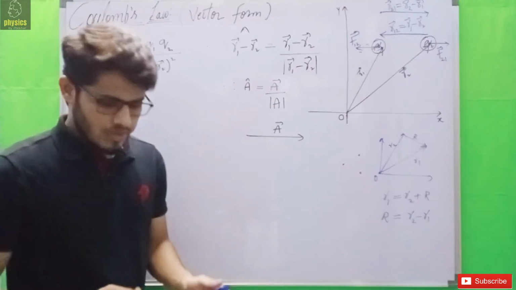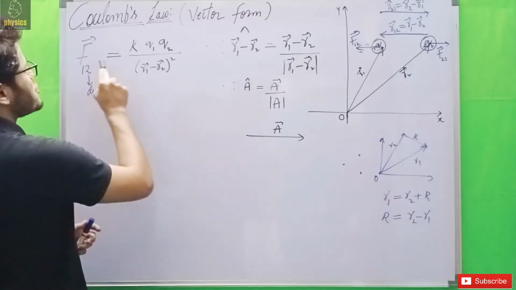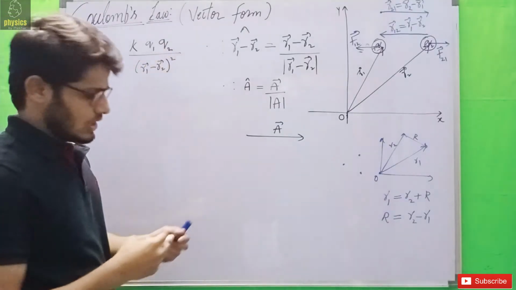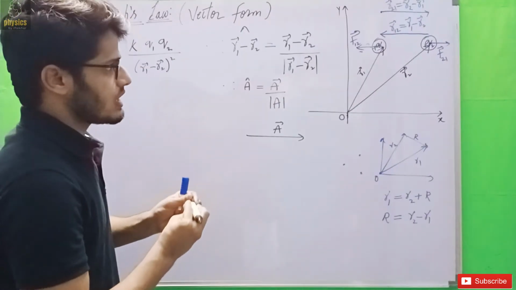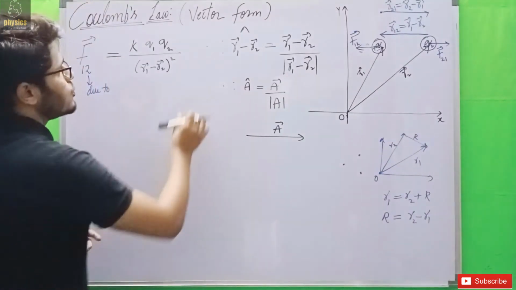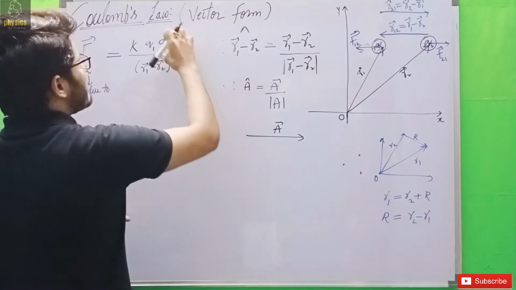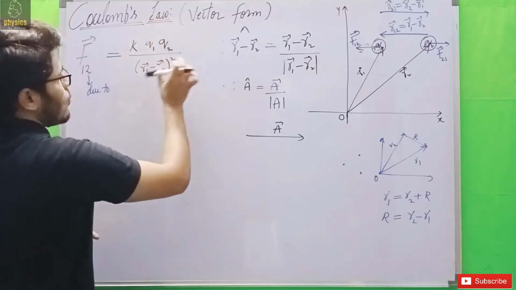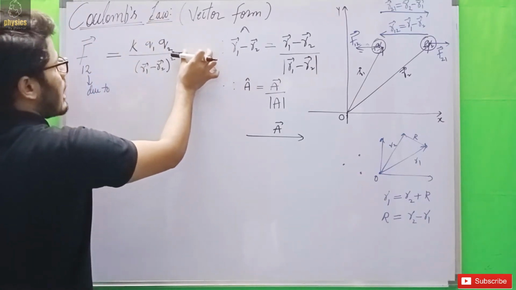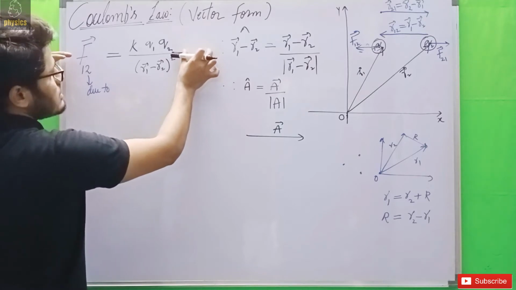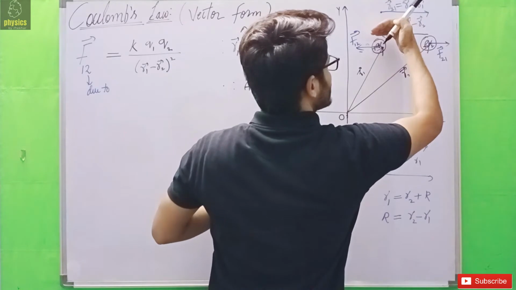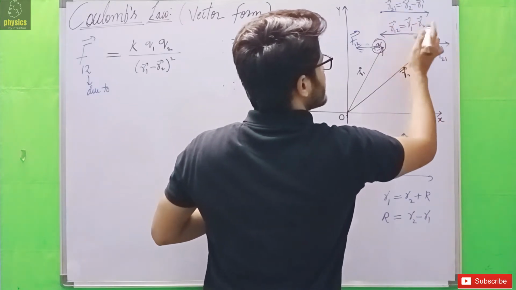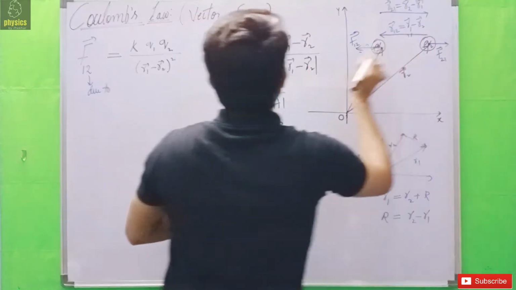Similarly, this is not yet a vector. To make the force a vector, we have to multiply this thing with a unit vector along the direction of the force acting. So this is the direction of the force acting, and here the small unit vector is this.